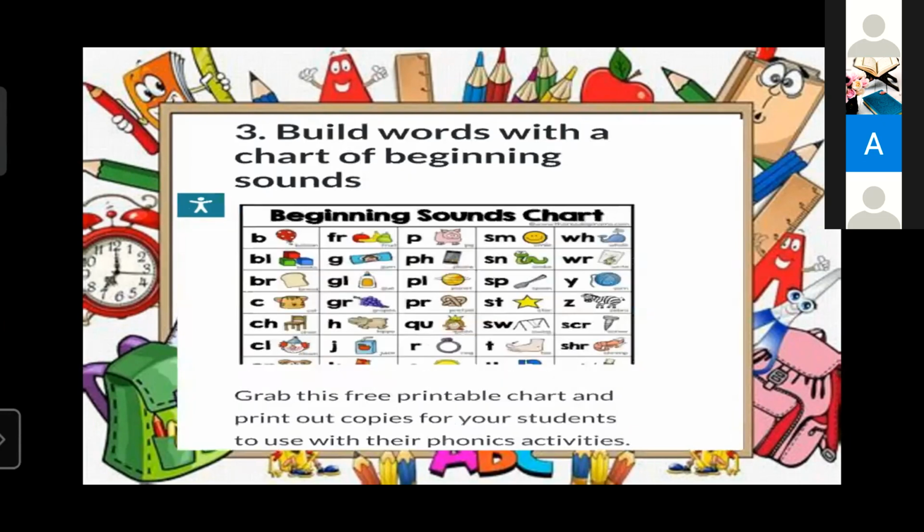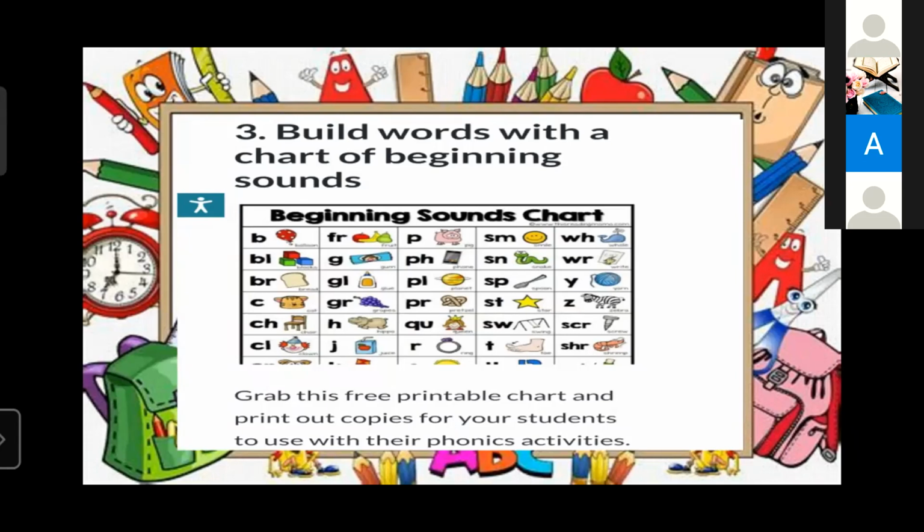Number 3, build words with a chart of beginning sounds. This is very famous, especially when you go to the bookshops, you can find a lot of word charts like this. But this is different from the one we're talking about. Here, this chart starts with consonant clusters or consonant blends, like B, BL, BR, C, and so on.